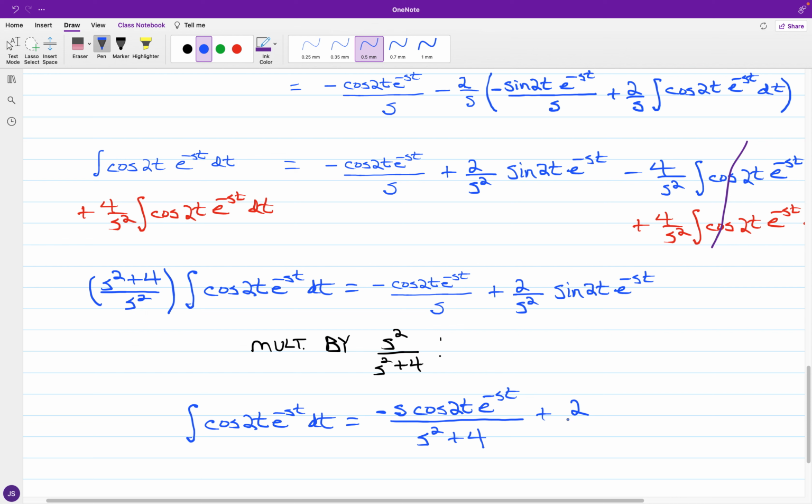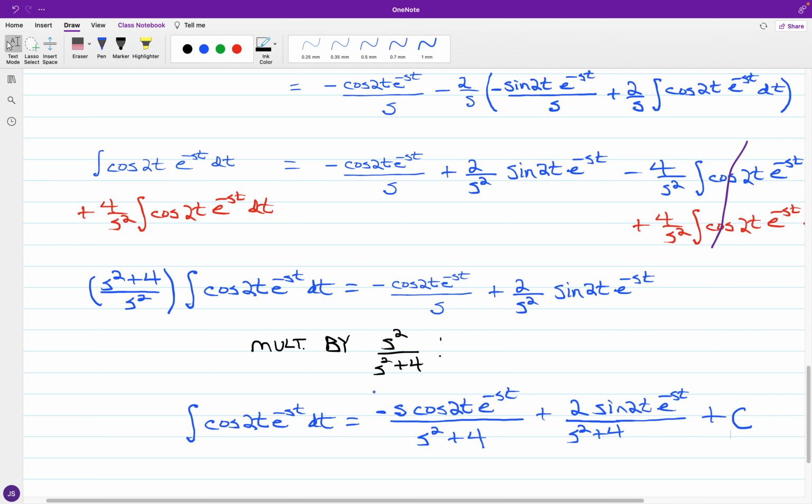So we have plus 2 over s squared plus 4 times the sine of 2t times e to the negative st, and then we have followed by a constant.